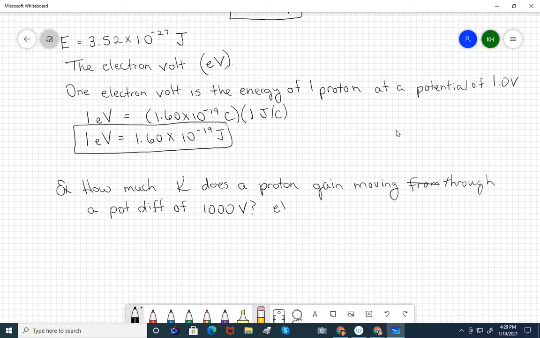Let's answer it in electron volts and joules.